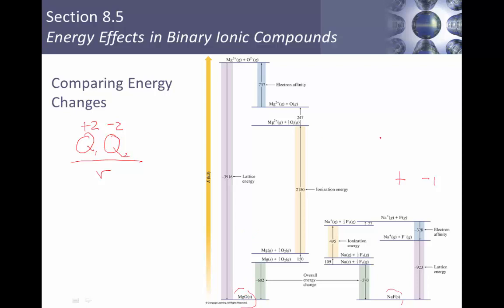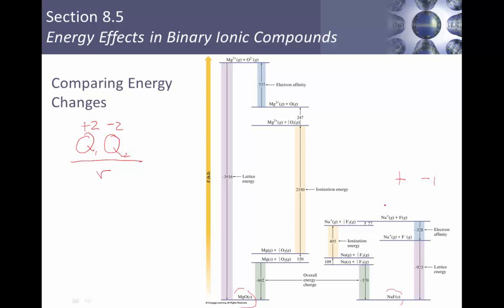Well, I wonder why then, why doesn't sodium do a +2 and a -2? So it has a greater lattice energy change and even more stability. And remember, why do they become the ions they become? They become these ions because of the fulfilling of the noble gas configuration. So it would take too much energy to make this a +2 ion. We'd have to go into the core electrons, and that would take too much energy.